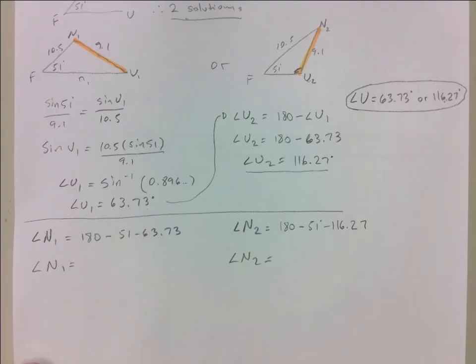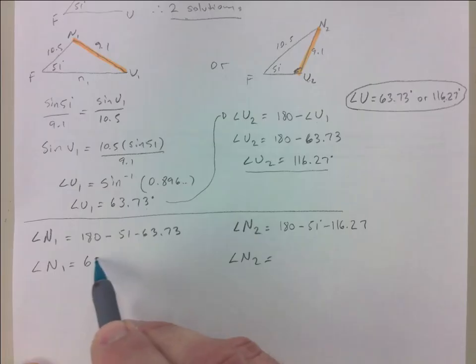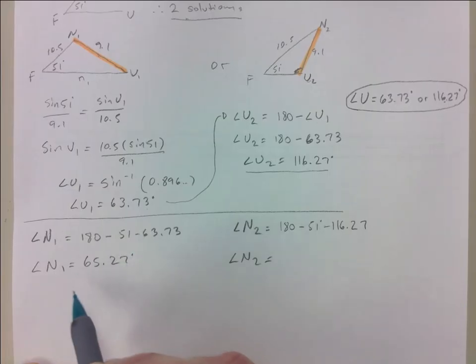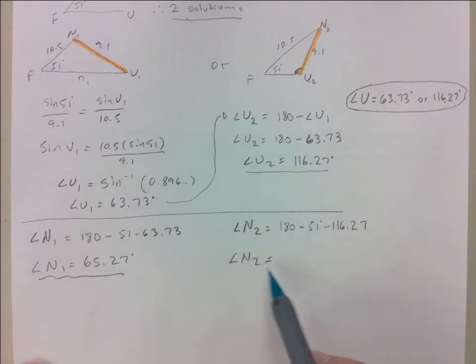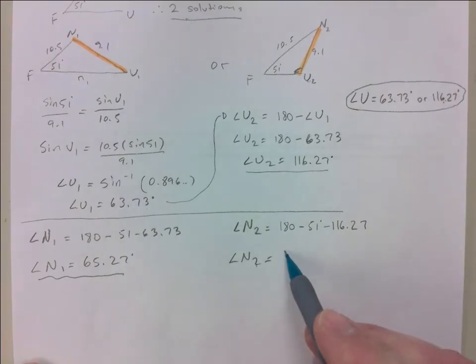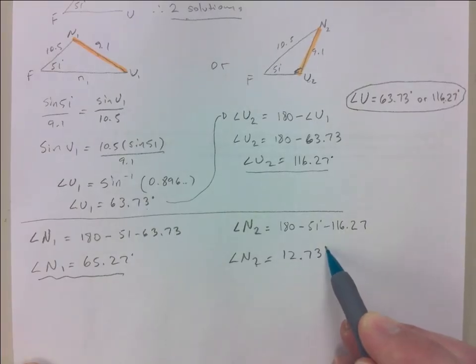So 180 minus 51 minus 63.73. You get 65.27 here. Okay, that's important. N2 is 12.73.